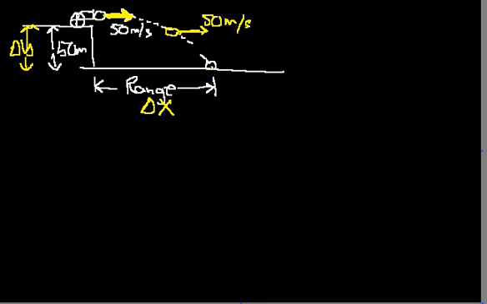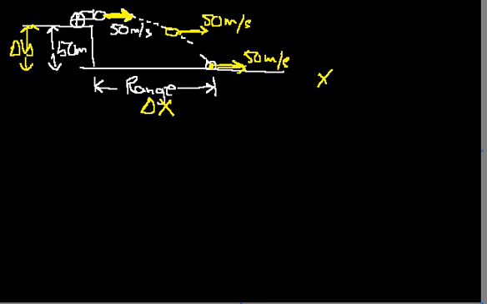And when it finally hits the ground right there, I'm still going to have 50 meters per second. So the x component of the velocity never changes. That's the easiest thing to see.